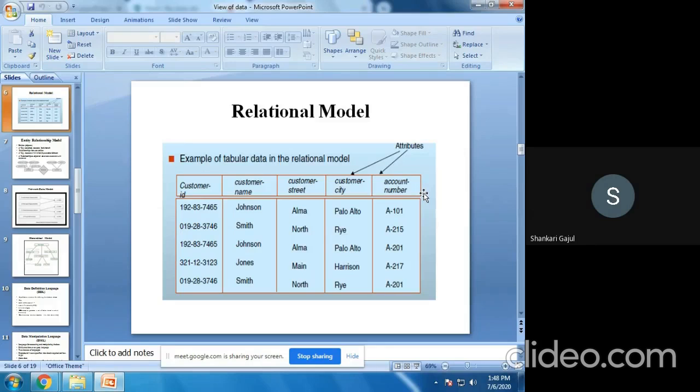multiple columns and multiple rows. Each column has a unique name. The column is what I call the record name, or in database language, the attributes. So the relational model is a collection in tabular format. The table consists of record names, which we call attributes.